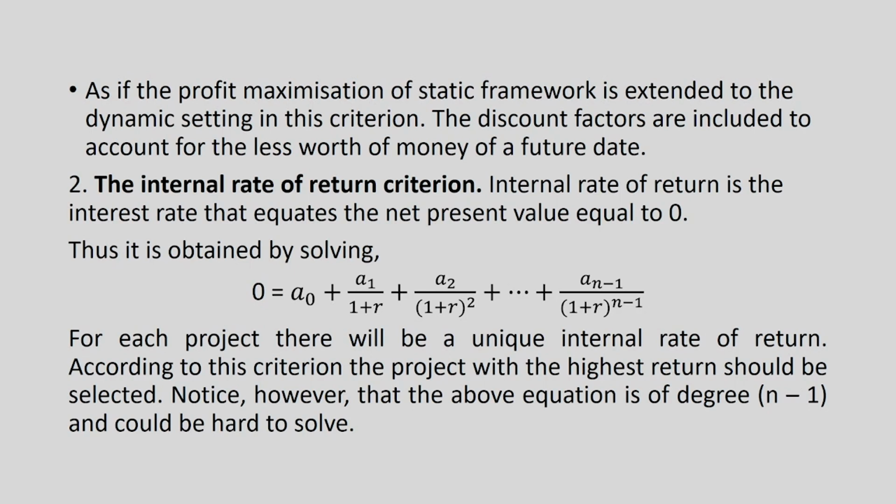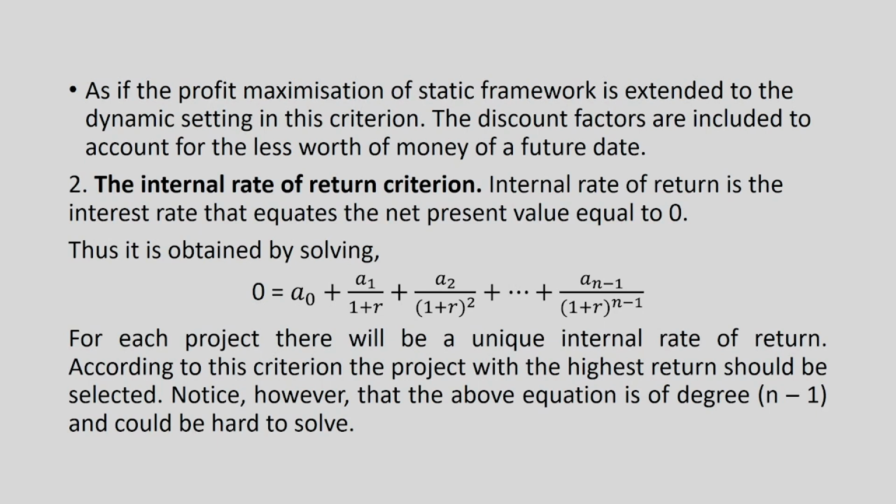How do we interpret this criterion? It is as if the profit maximization of the static framework is extended to the dynamic setting. What is profit maximization? Remember, we talked about this earlier, that a capitalist always likes to maximize the profit in a particular period. So, that is a static framework. There are no 2 or 3 periods involved, there is just a single period, and he wants to maximize the profit, that is it.